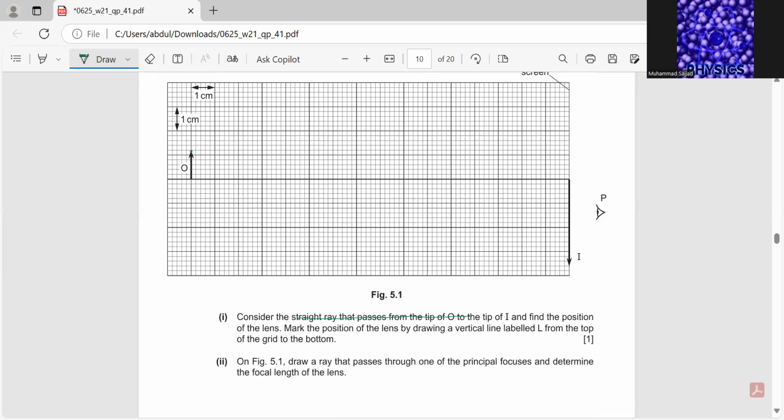Join these two tips and find the position of the lens. Mark the position of the lens by drawing a vertical line labeled L from the top of the grid to the bottom. Let's see it. All the data is given, all the explanation is given.